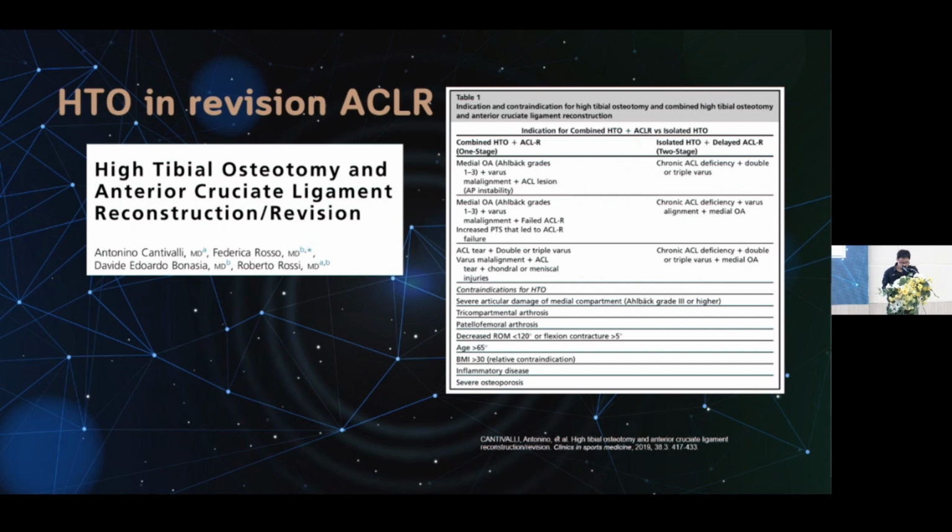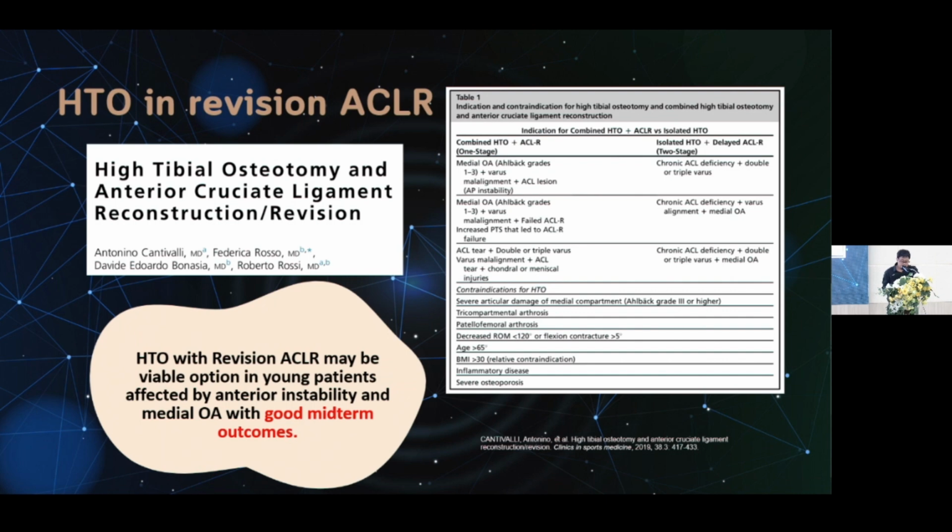Another study by Antonino Conteduca found that high tibial osteotomy with revision ACL reconstruction may be a viable option in young patients with anterior instability and medial knee osteoarthritis, showing good midterm outcomes.